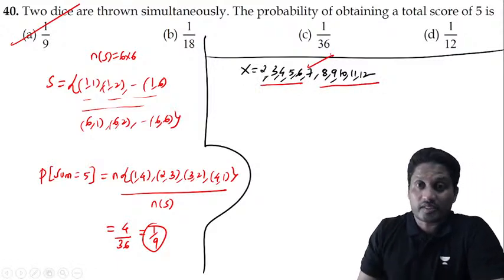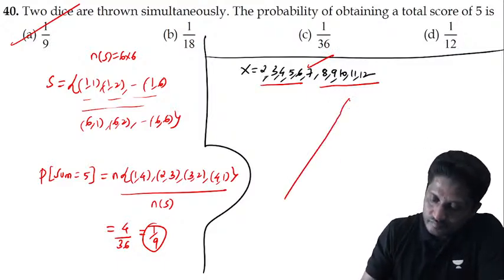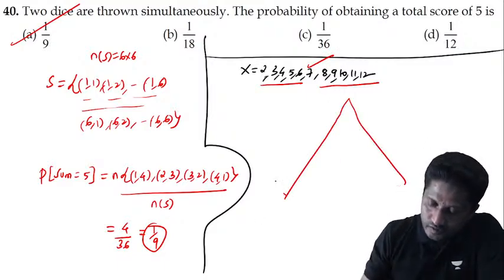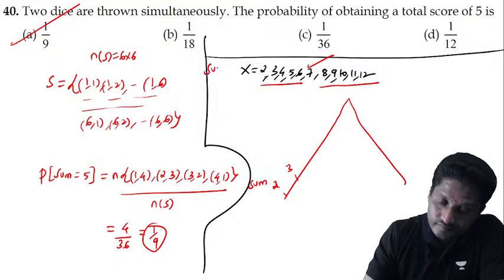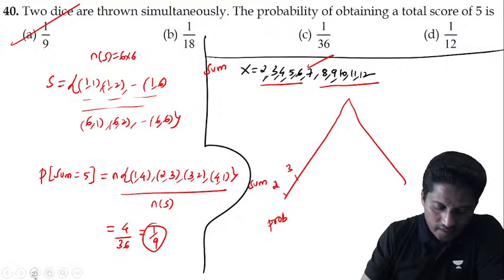I'm teaching you the shortcut, same question. So 5 on the left, 5 on the right. Okay, let me take a new page. So 2 dice are rolled.